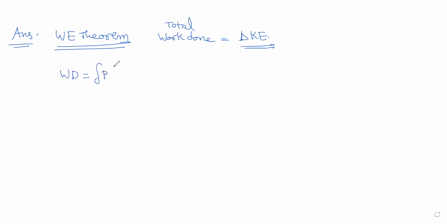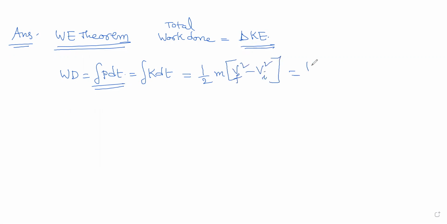Work done is nothing but integral P dt. I told you that. So integral of power into time. So integral k dt, that is the work done. That is equal to delta KE, that is half m into v final square minus v initial square. Or you can write KE final minus KE initial.